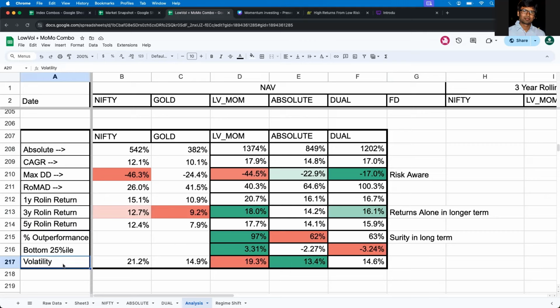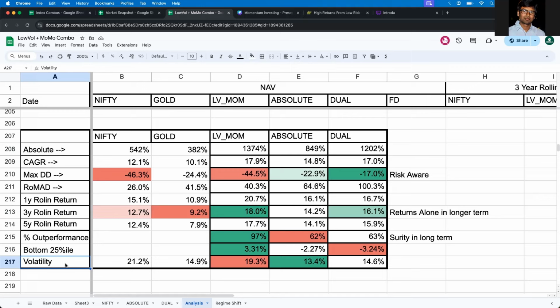So the last metric that someone might want to focus on is volatility. Now there are people who want to see their NAVs or their portfolios move in a very smooth fashion. They don't want lots of jerks in between. I'm not talking about one sudden event like the crash of 2008 or 2020, but in general, throughout their entire journey, they want to see the portfolio moving in a smooth fashion.